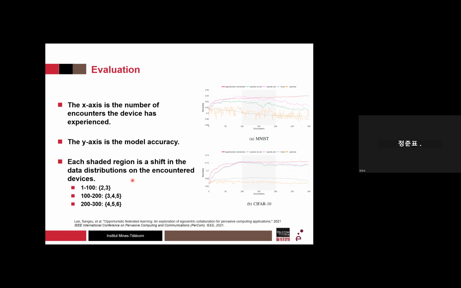Between 1 and 100, the 100 region is the client, which only has labels 2 and 3 as its core distribution. Between 100 and 200 it is 3, 4, 5, and between 200 and 300 it is 4, 5, 6. And also we can check that the proposed method is converged and stable for the MNIST and CIFAR-10 datasets.